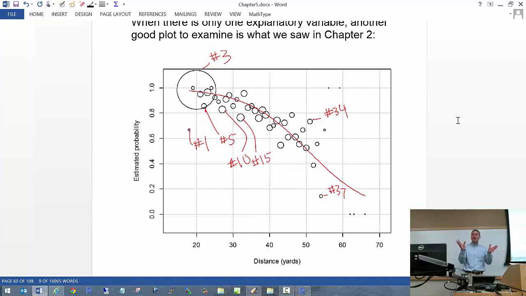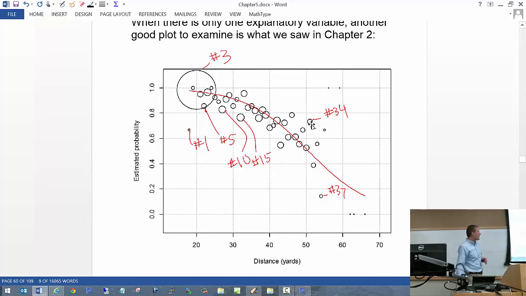overall get a general sense of how good our model's doing. And we said that if we had large circles that were far from the red line there, that's a logistic regression model that would concern us. If we had small circles that were far from the line, such as what we see for larger distances, that doesn't concern us. And so now relate this back to those 4 plots that we saw of those diagnostic measures.